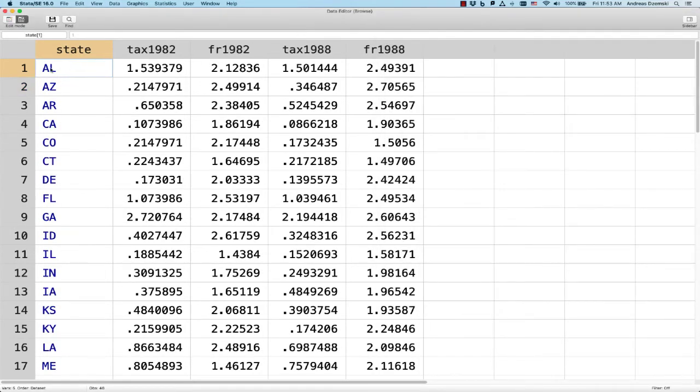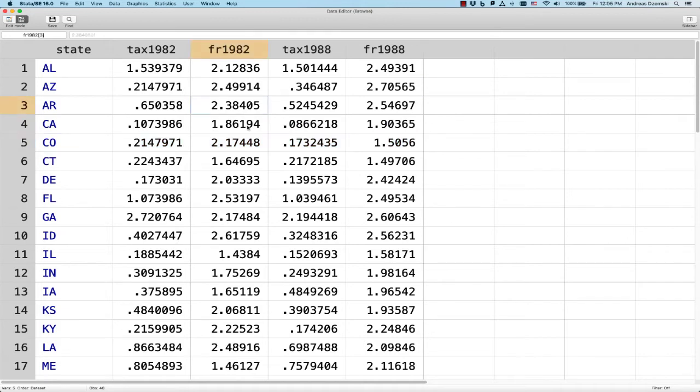Now you see for every US state we observe a single row, and in this row we store the information for both years. For example, now we have a variable tax 1982 and a variable tax 1988. I like this shape for panel data because it clearly shows you that panel data is just some special kind of cross-sectional data. Indeed, as we do for all cross-sectional data, we have 1 row for each cross-sectional observation.